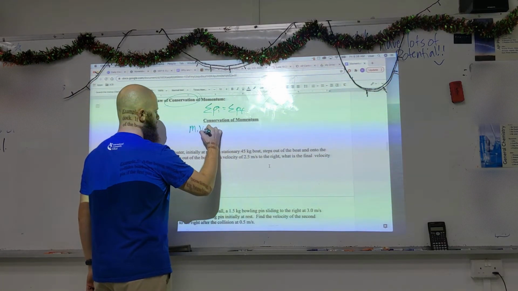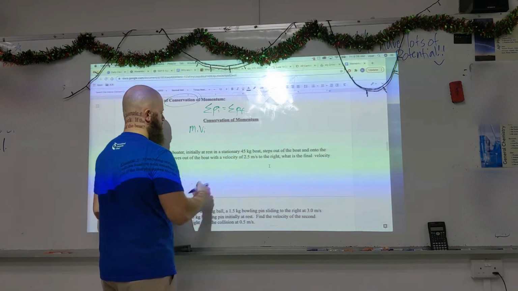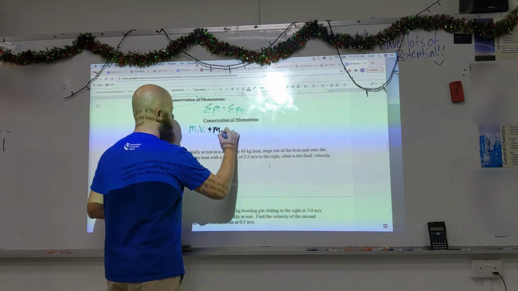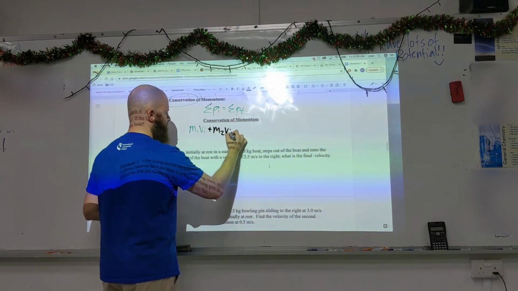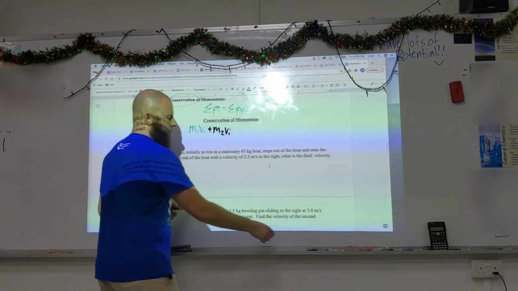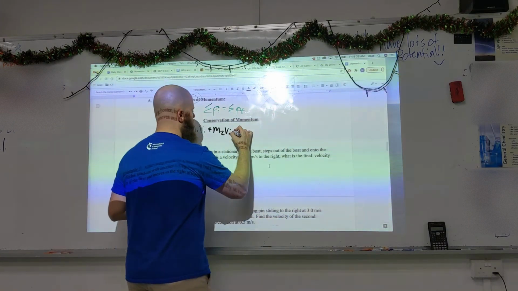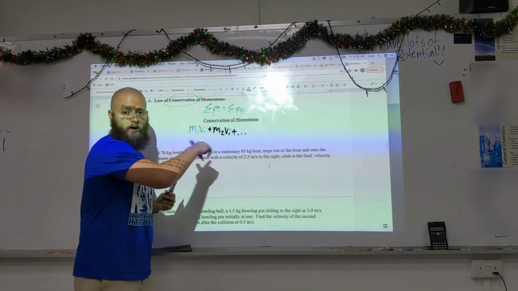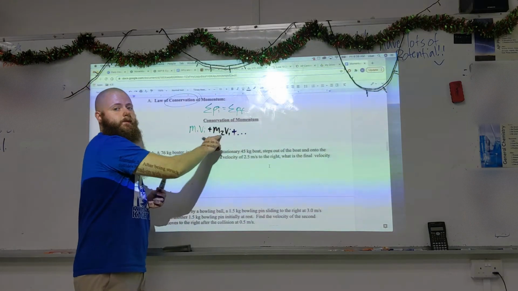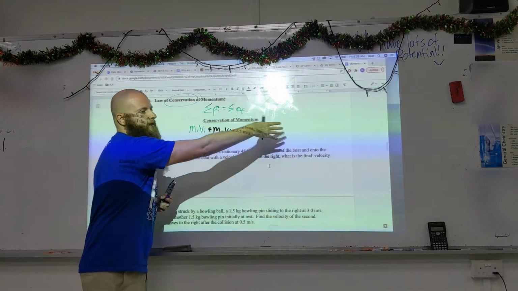Another way to write this out is m1 vi plus m2 vi plus dot dot dot. Each one of these represents an individual object. If I have more objects, I need to add those.